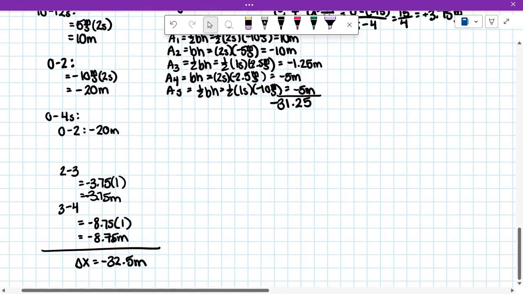So when I found my average velocity from 3 to 4 seconds, I did not find it correctly. It should actually be -2.5 plus -12.5, divided by 2.